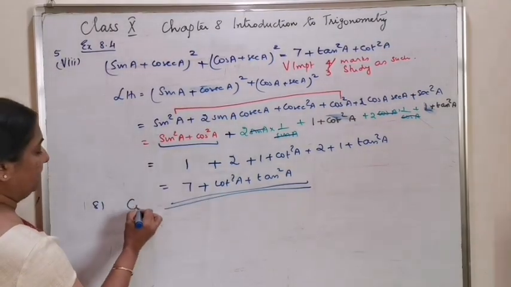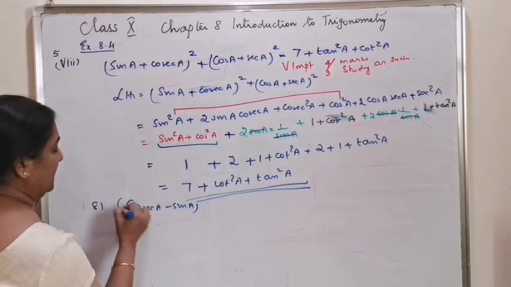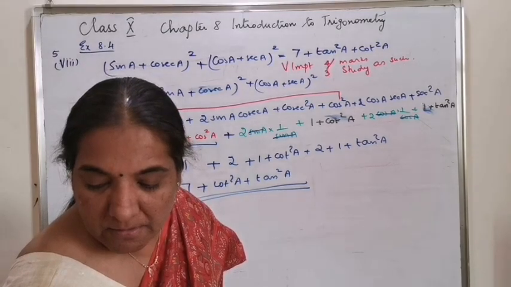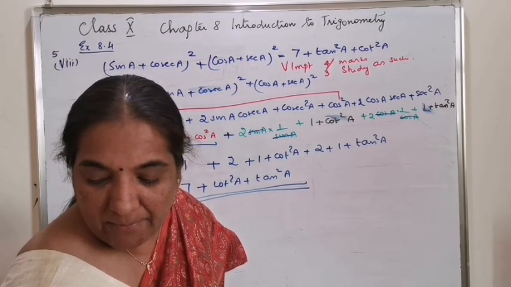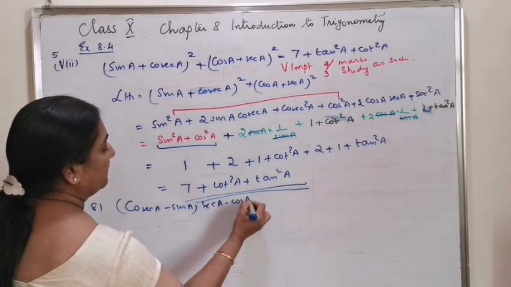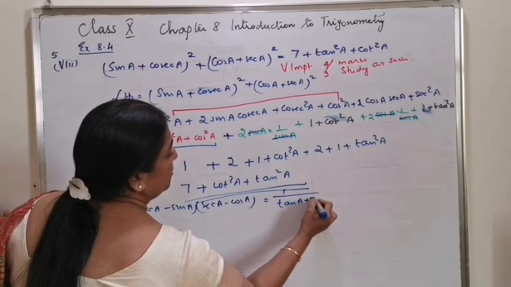The eighth one: (cosec A minus sin A) into (sec A minus cos A) is equal to 1 by (tan A plus cot A).